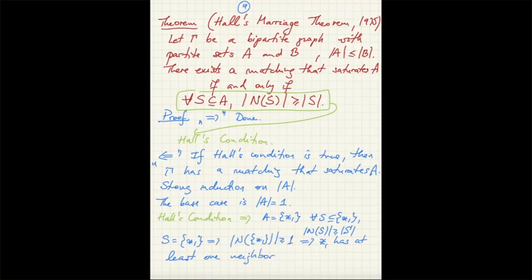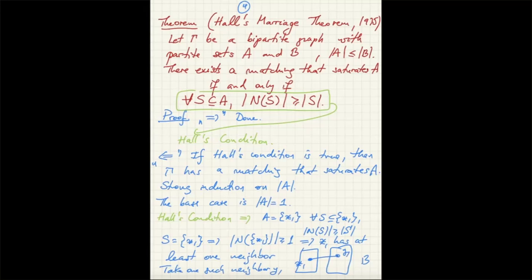So we have a graph in which on the left-hand side, we have one vertex. So this is the set A, X1. And on the other side, we have set B, in which there's at least one vertex. Let's take one such neighbor, Y1.